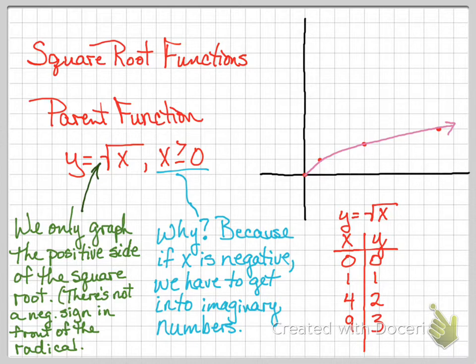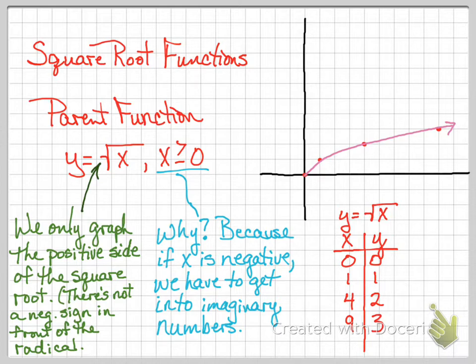Over here on the right, I made out a little T-chart for us for the first 4 little points. Now, we've got 0, 0. We have 1, 1. We have 4, 2. We have 9, 3.